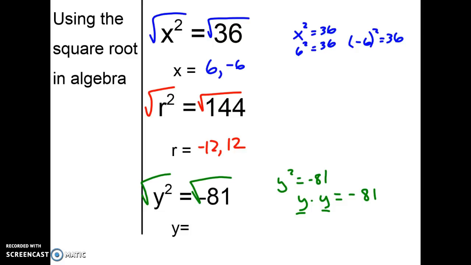If you take the square root of negative 81 in your calculator, you'd get an error. So in this case, we say there is no solution. All right, so we have a couple of examples dealing with square roots, and we're going to have more examples in another video for you.